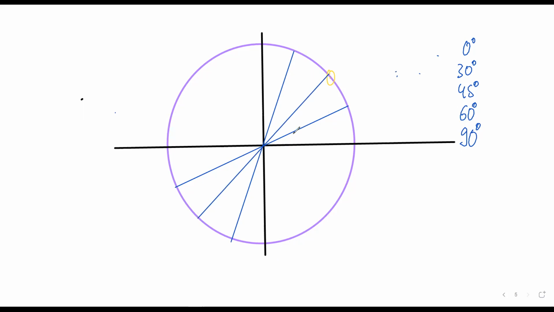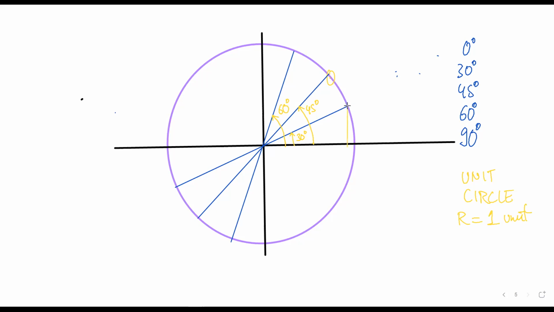So, this is 30 degrees. This is 45 degrees. And this is 60 degrees. Are we okay till here? This is a unit circle. Remember, the radius is 1 unit.